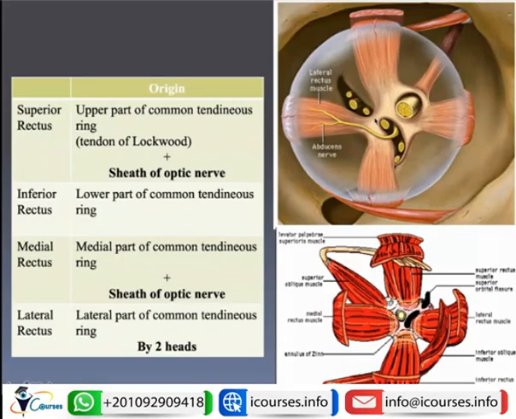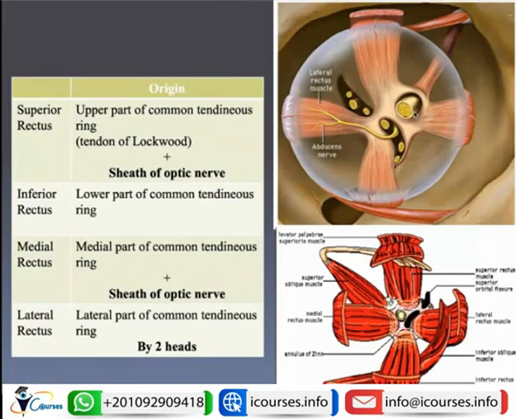So what are other specific features of the origin of extraocular muscles? The superior rectus and the medial rectus both take origin not only from the common tendinous ring, but also from the sheath of the optic nerve. So the superior rectus here takes origin from the sheath of the optic nerve, and the medial rectus there takes origin from the sheath of the optic nerve.